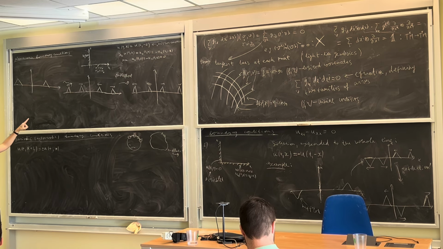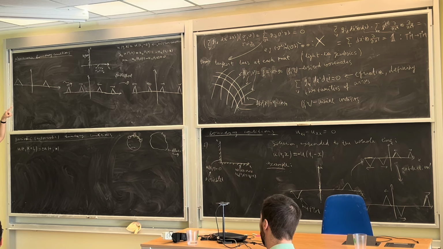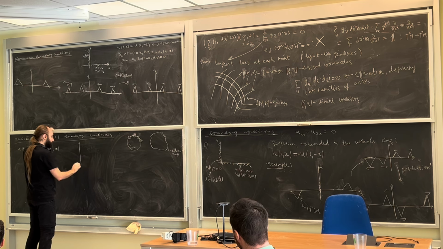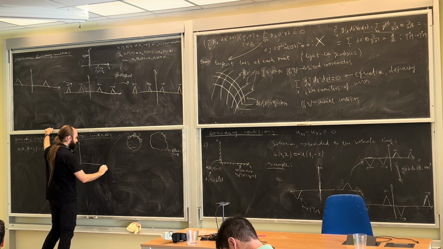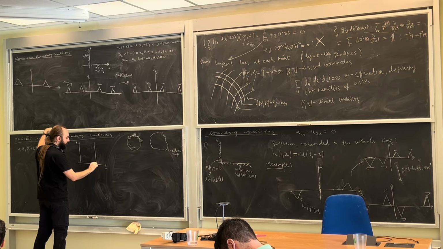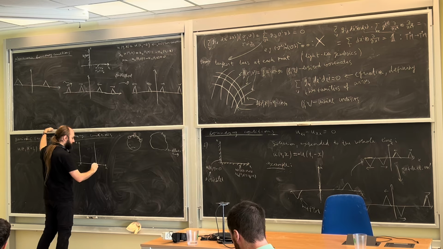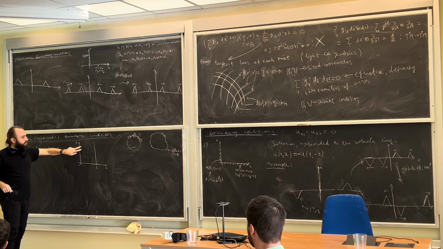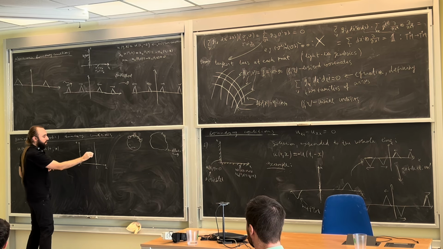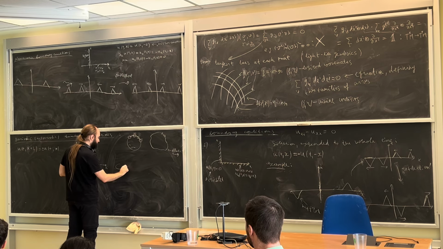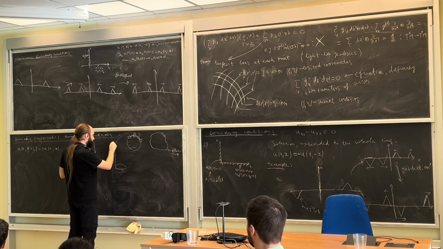So at the level of these pictures, it looks like this. We have a real line, and this is the time direction. We have a real line with points 0 and L, and this line should be identified with this one. So it is a cylinder.